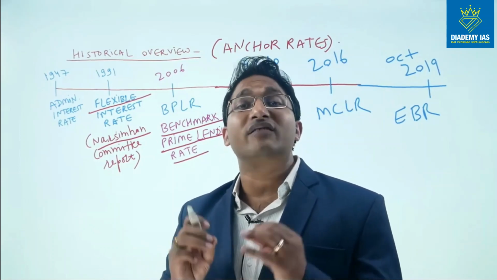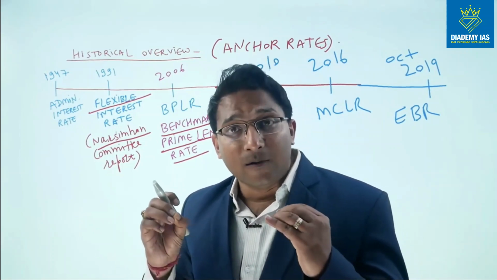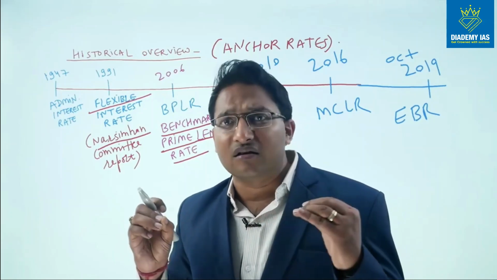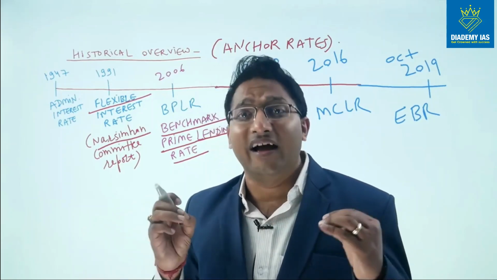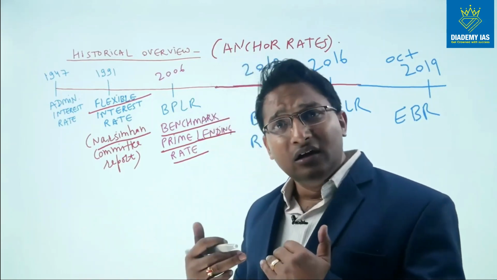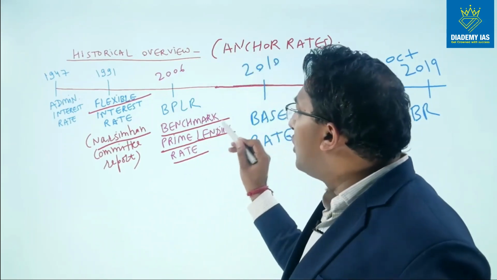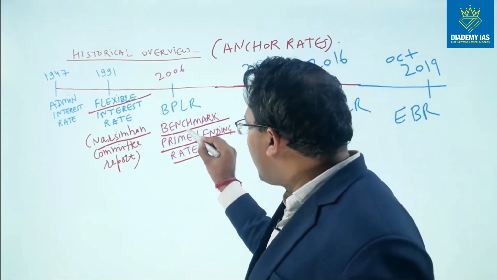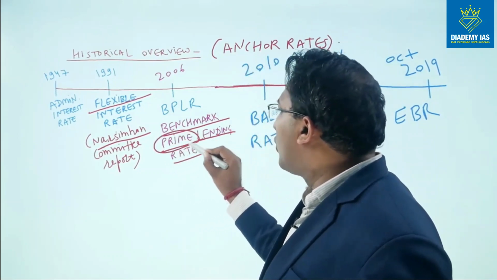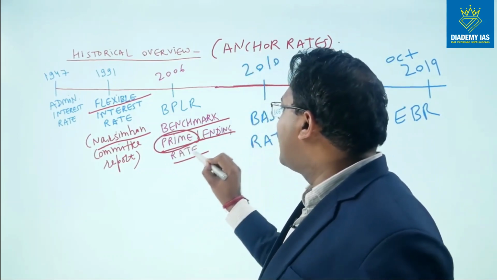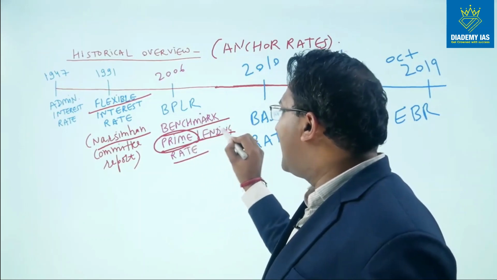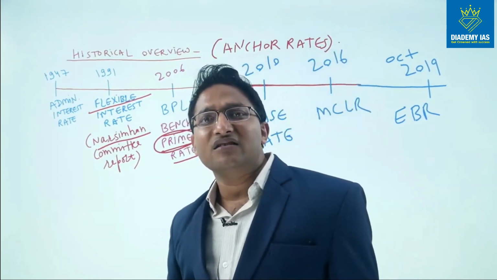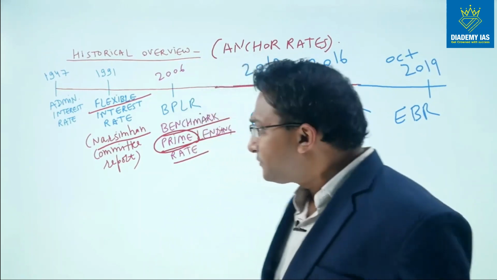The customer who is having very good image, is very successful, has a high chance of returning back the money. So that customer is called prime borrower, right? So the rate of interest which is offered to this borrower, that is called prime lending rate. So the concept of benchmark prime lending rate was introduced, right?